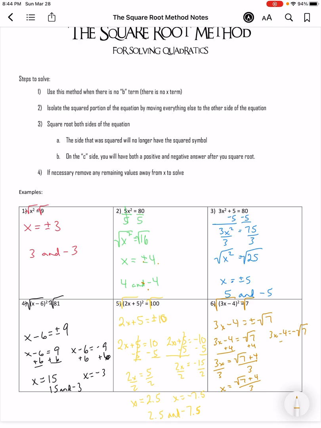Again, we would do the same thing to the other side, add 4. So we would get 3x equals the negative square root of 7 plus 4, and then divide both sides by 3. So x equals the negative square root of 7 plus 4, divided by 3. And we could leave both of them like that.